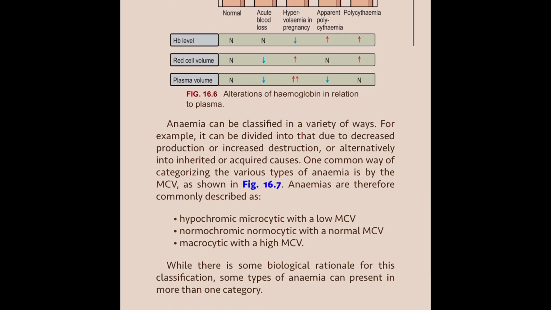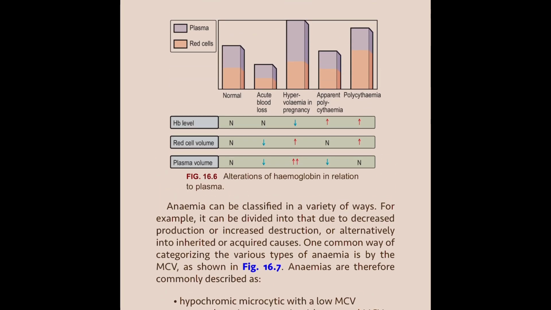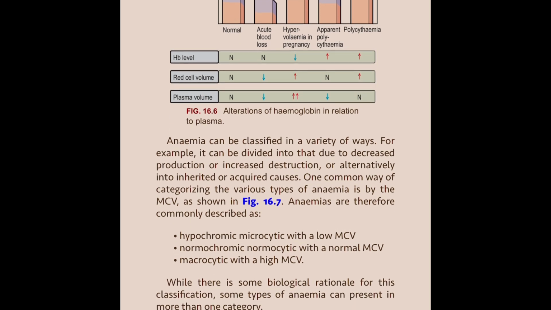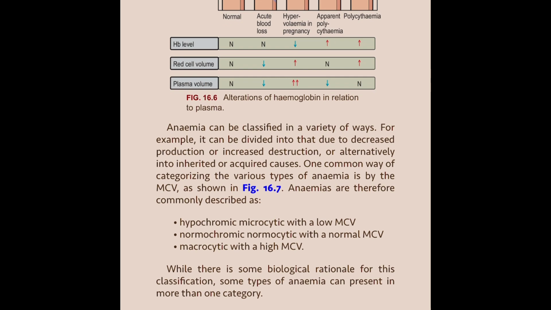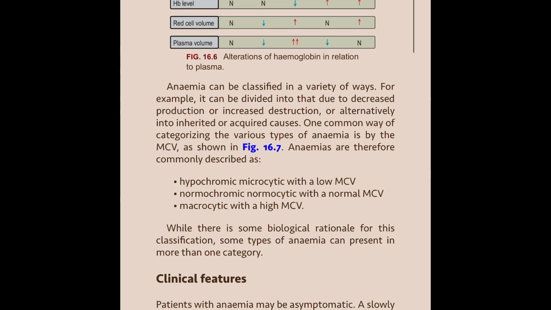Anemia can be classified in a variety of ways. For example, it can be divided into decreased production or increased destruction, or alternatively into inherited or acquired causes. One common way of categorizing the various types of anemia is by the MCV, the mean corpuscular volume, as shown in figure 16.7.